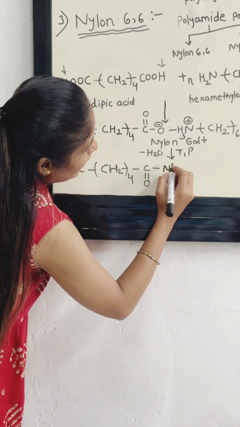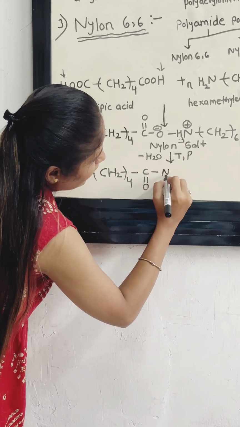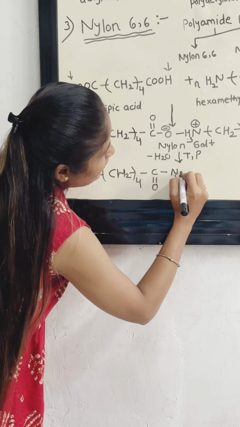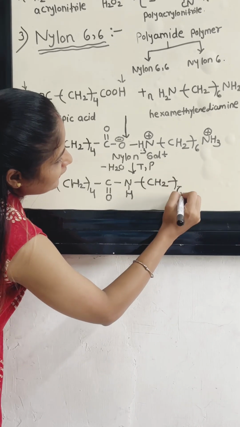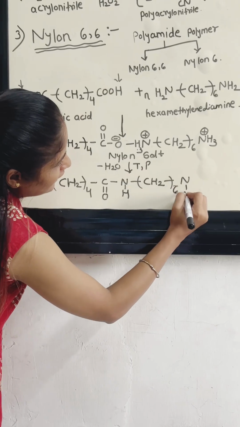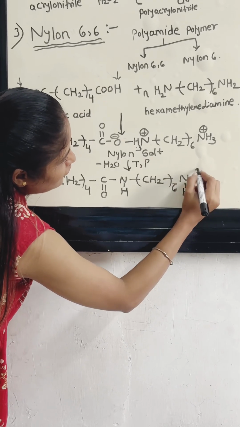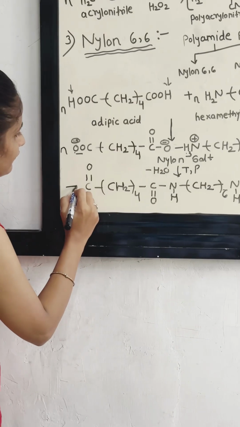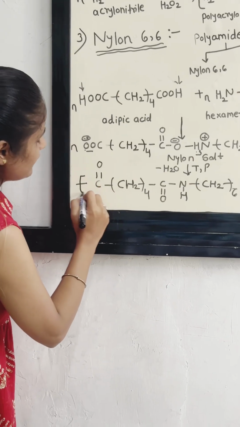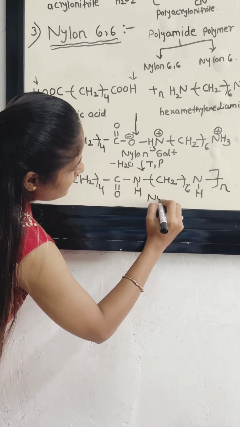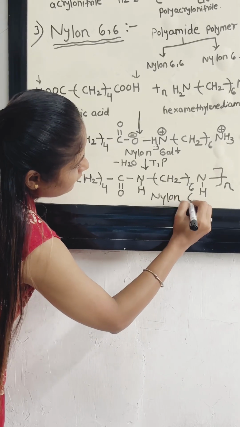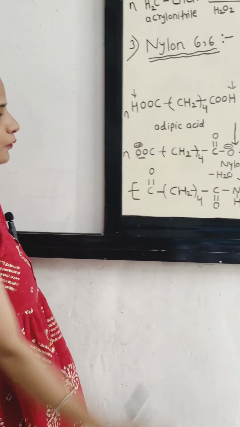Then N is attached to the H, then again CH2 6 times and NH. Okay, so this molecule continues and this molecule continues. This is the n number of times and this is the nylon 6,6 we have to get.